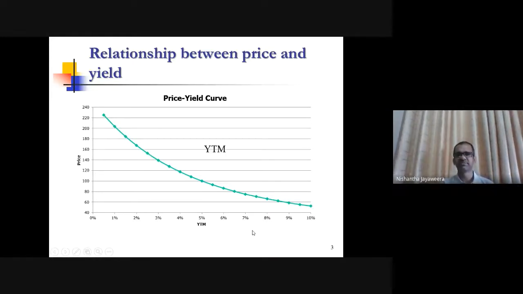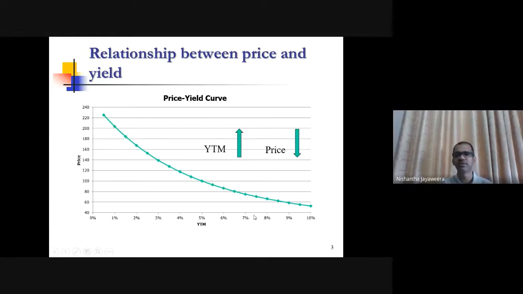So when yield to maturity goes this way, price goes this way; price decreases. Now you can see the price change is not the same at each yield to maturity. Say 1% to 2%: at 1% the price is 200-something, and at 2% it's around 160, more than a $40 drop.